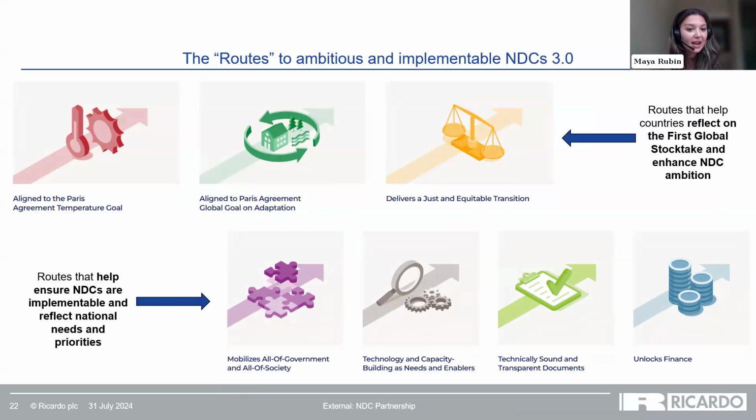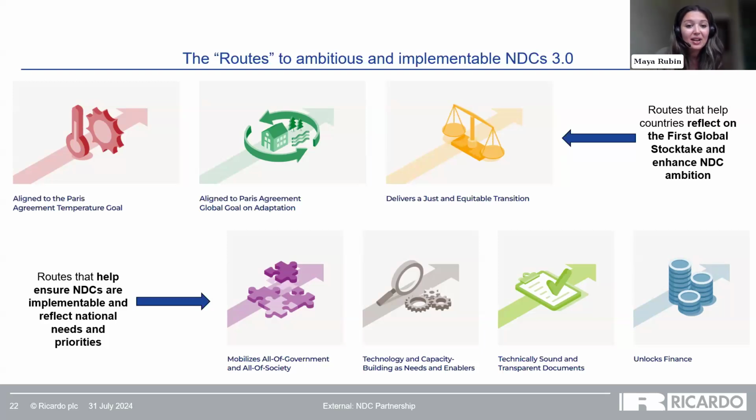So first up, we have aligns to the Paris Agreement temperature goal, and this contains information related to mitigation targets, long-term strategy alignment, and sector-specific opportunities as some examples. And of course, as it says in the name, it is important for meeting the Paris Agreement temperature goal.